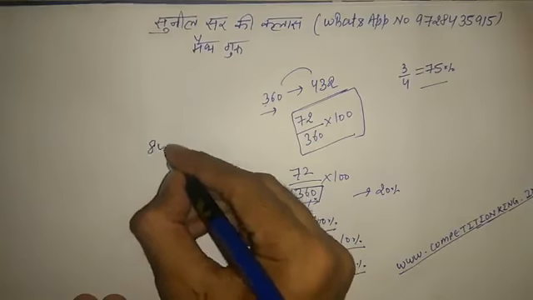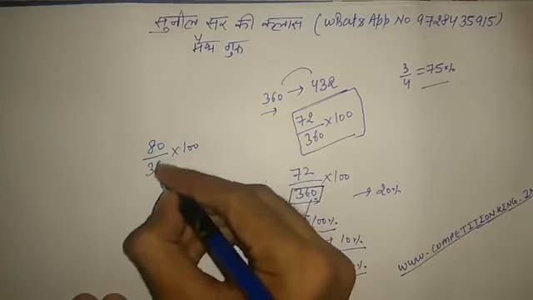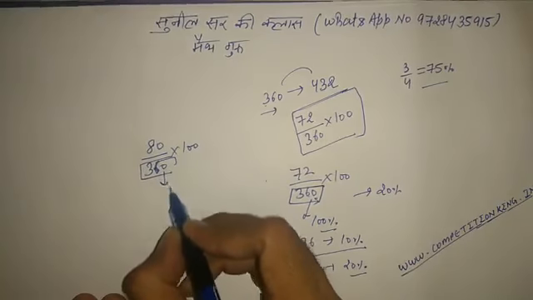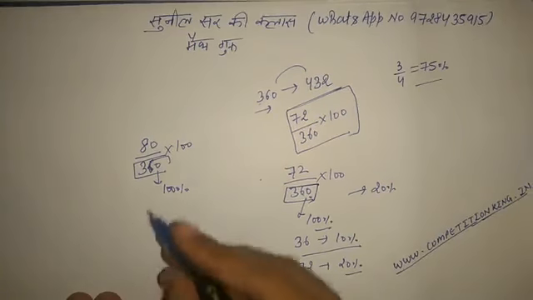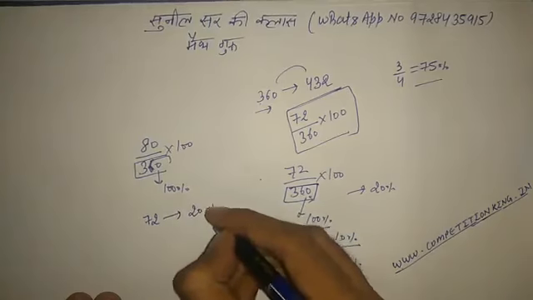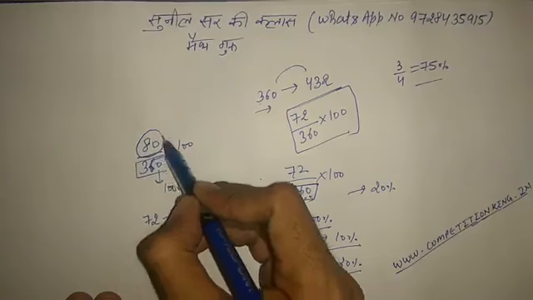See one more example. If I have to calculate 80 is what percent of 360? Leave 100. Take the denominator as 100%. We have to calculate 80 is what percent of 360? As we have already calculated, 72 is 20%. But we have to calculate 80.